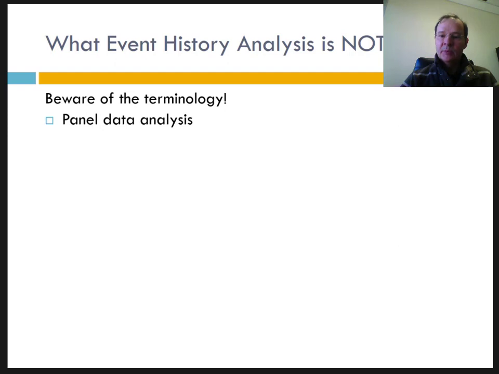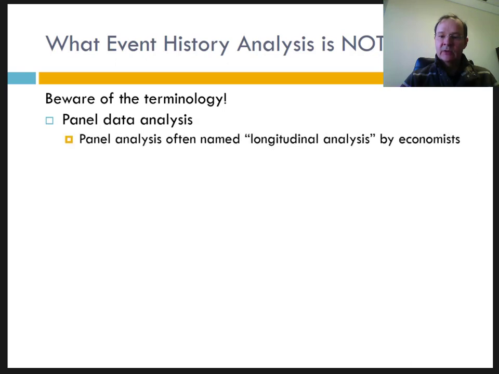Strictly speaking, a panel means a cross-sectional survey that is part of a series of cross-sectional surveys conducted on the same population. The problem is that economists often use panel data or longitudinal data indifferently. The status of the population is recorded at each survey.